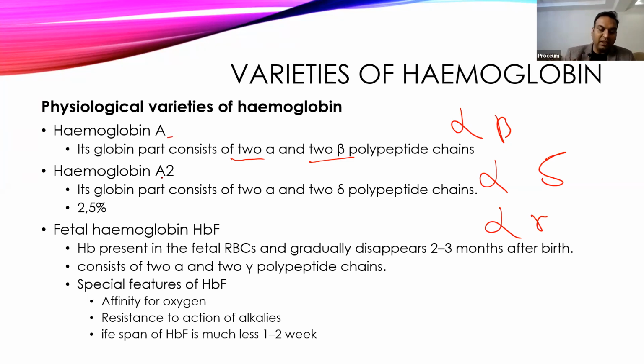Second thing, the lifespan is very small, and they will be destroyed within 1 to 2 weeks, while hemoglobin A will have almost 4 weeks of lifespan. And then alkalis, it doesn't have any effect of alkalis.